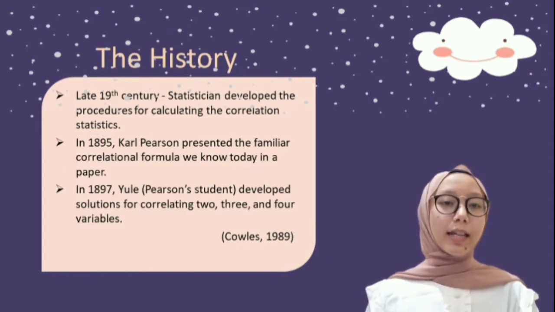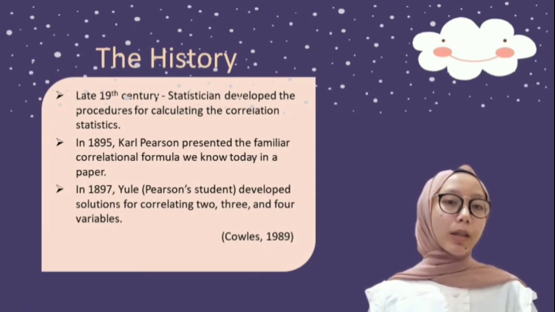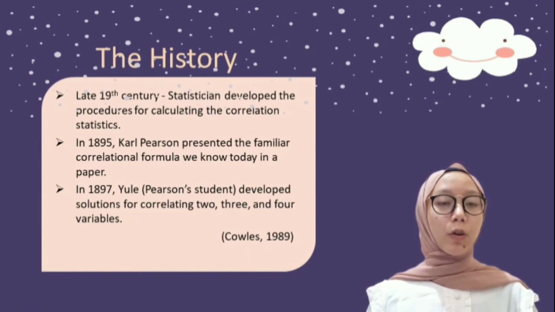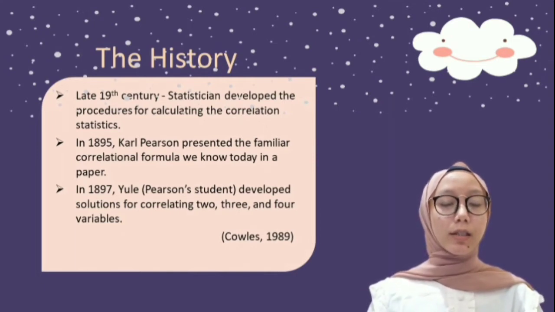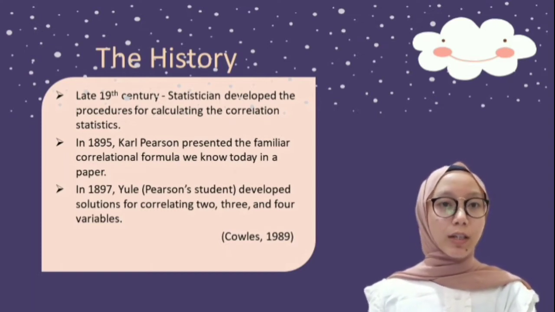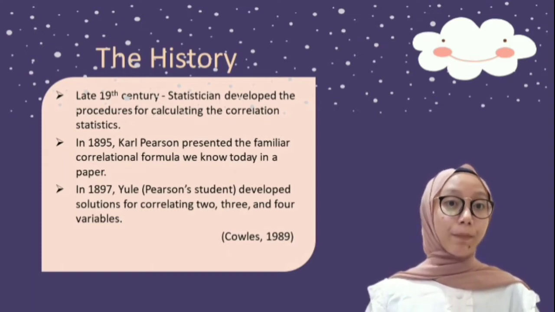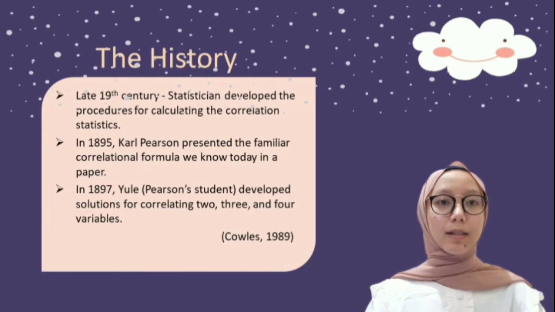Then, in 1895, Carl Pearson presented a familiar formula for correlational research that we know today in a paper. After that, in 1897, Yule, a Pearson student, also developed solution for correlating 2, 3, or 4 variables.